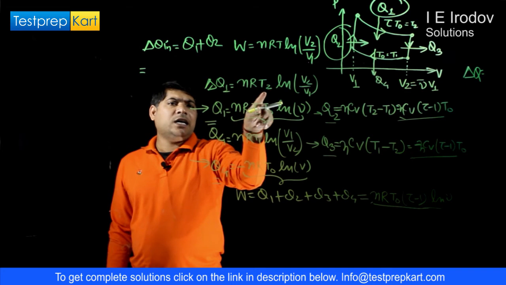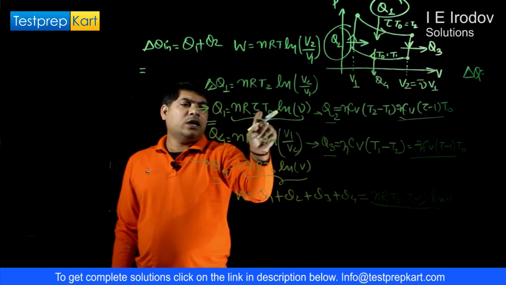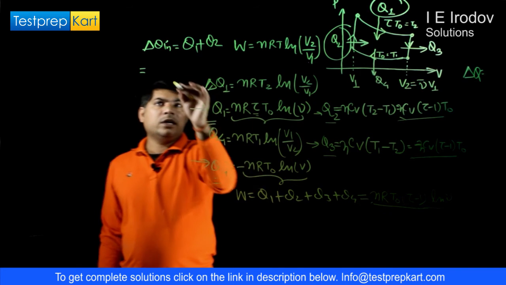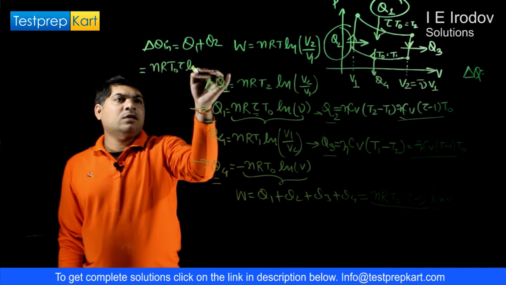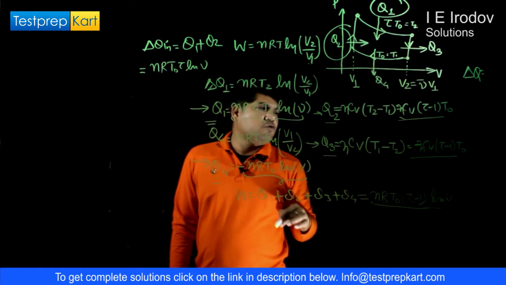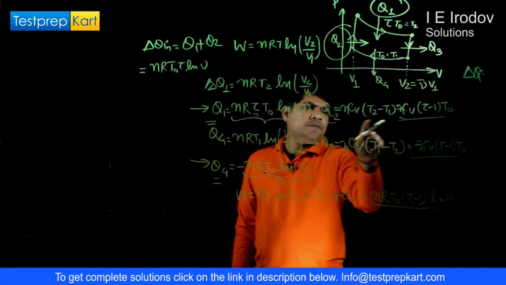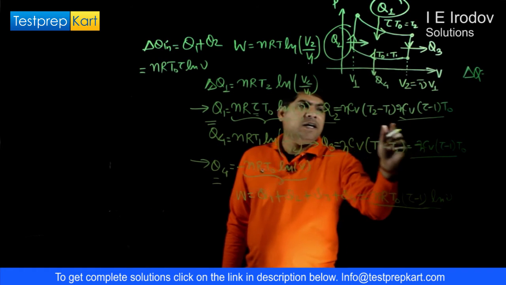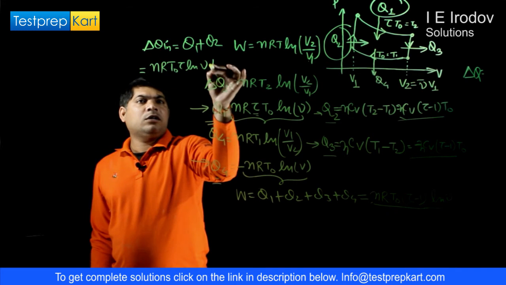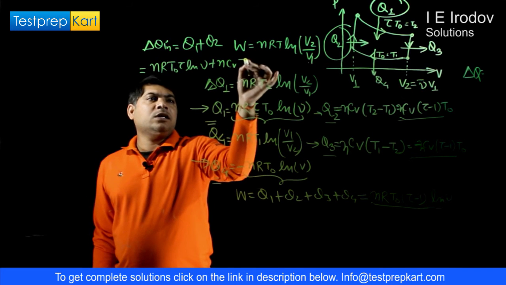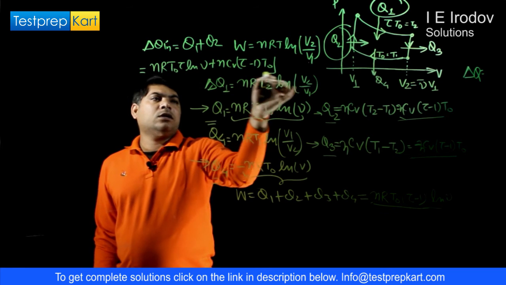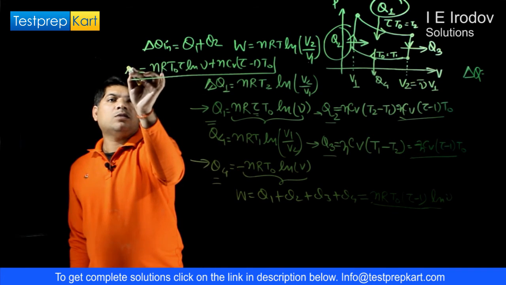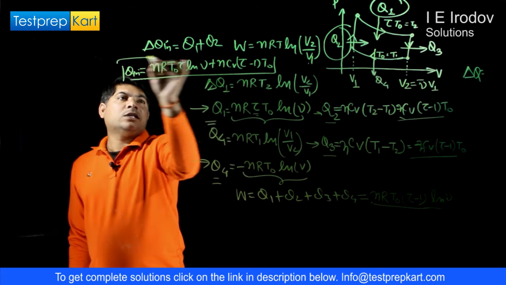Q1 is nRT naught tau ln V, and Q2 is nCv tau minus 1 into T naught. So this is the total heat into the system.